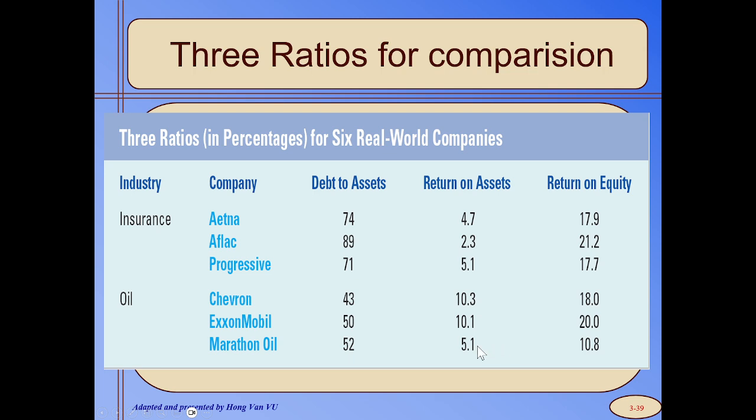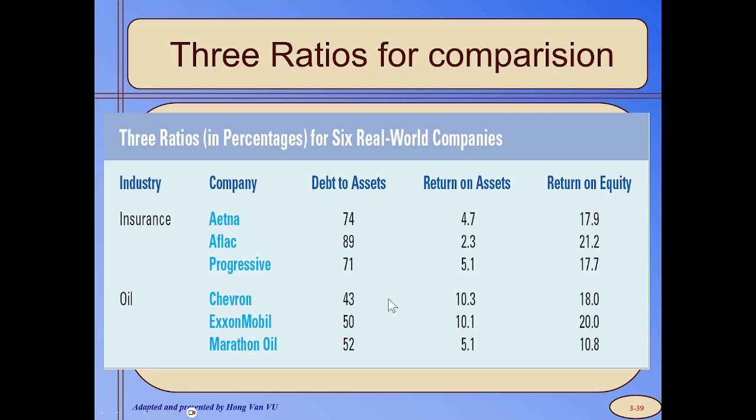How did this happen? Compare the debt to assets ratio. Aflac finances 89% of its assets with debt, compared to Exxon at 50%. Financial leverage is the biggest factor causing this result, but it is not the only factor that affects this ratio.